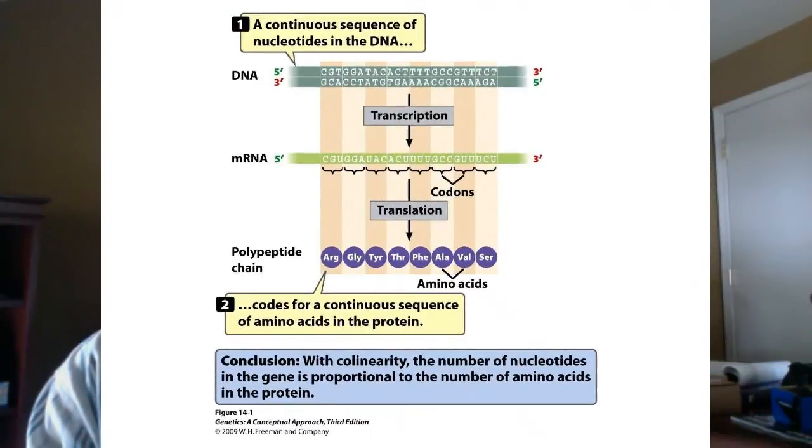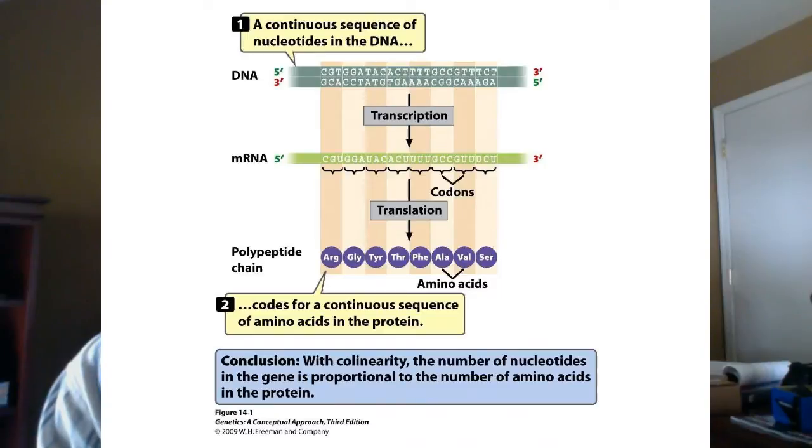One thing to note is that here's another look at central dogma. We have DNA transcribed to messenger RNA translated to a polypeptide chain. Ultimately, if we take a look at the DNA, notice a couple things about it.